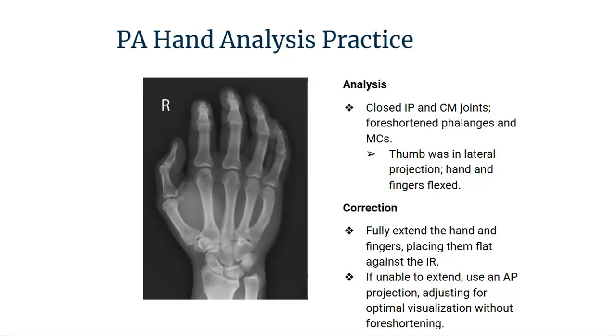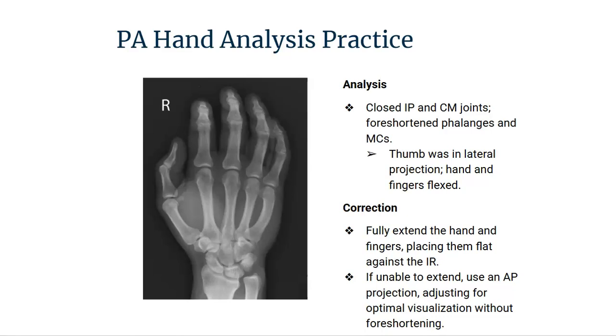Our IP and carpometacarpal joints are closed. Our phalanges, distal phalanges and metacarpals are foreshortened. And the thumb was in a lateral projection when it really should be more in an oblique projection. The hand and fingers are flexed in this image.